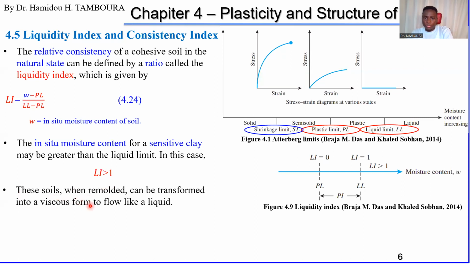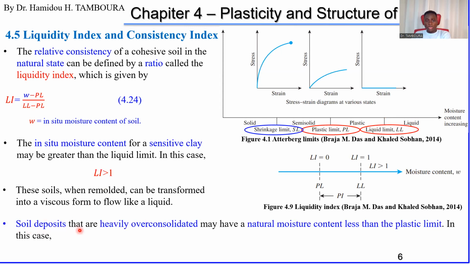For those kinds of soil, if remolded, they can be transformed into a viscous form and flow like a liquid, because the water content is higher than the liquid limit. Liquid limit means once we go above this amount of water content, we enter the liquid state of soil, so the soil becomes viscous.